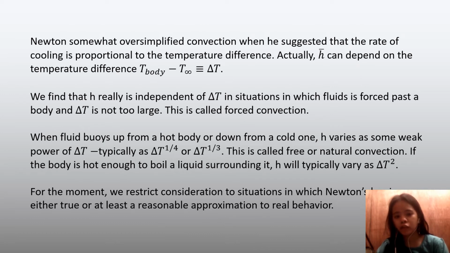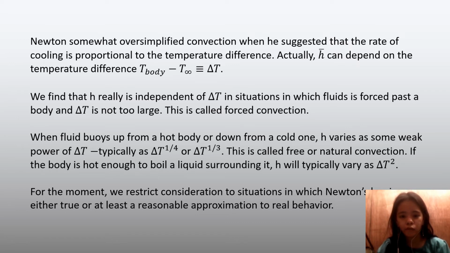Newton somewhat oversimplified the convection when he suggested that the rate of cooling is proportional to the temperature difference. Actually, h can depend on the temperature difference, delta T equals T body minus T infinite. We find that h is really independent of delta T when fluid is forced past the body and delta T is not too large.